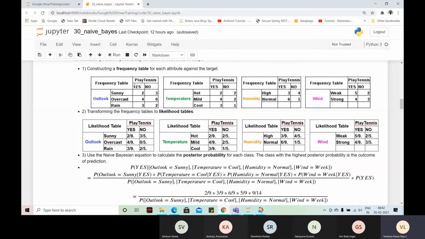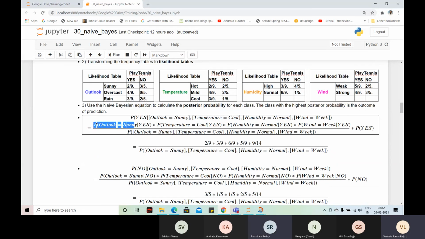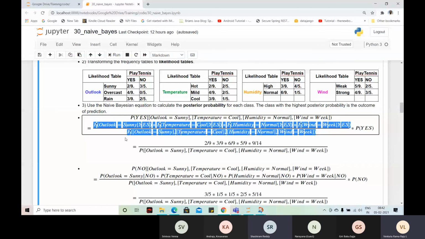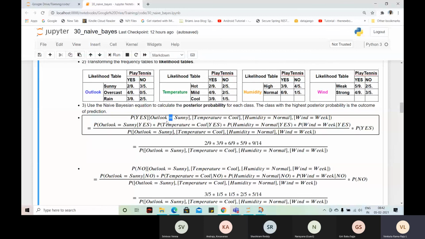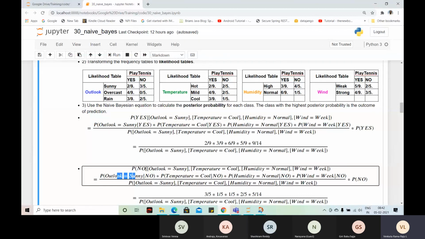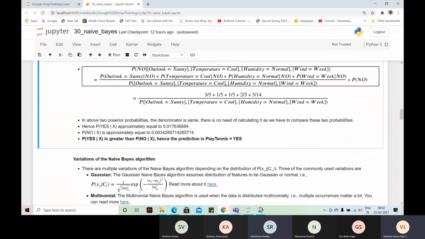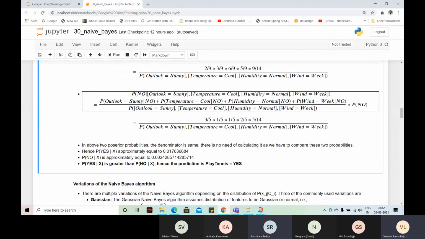If you have 10 classes, there will be 10 columns, and 10 likelihood tables, and then there will be more probability terms. Whichever probability is high, the record belongs to that class.